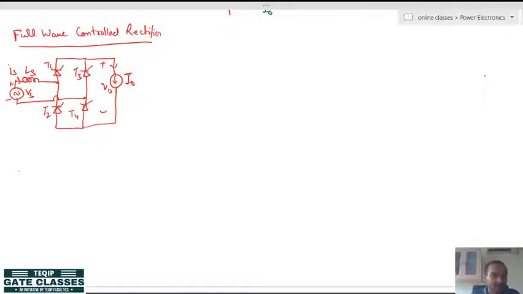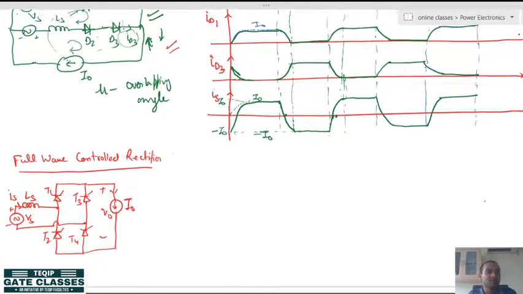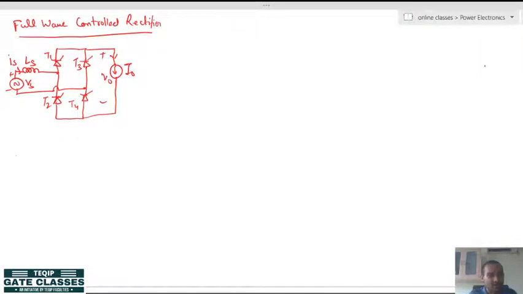So, again we know that the circuit will be like this only. Let me draw here only the circuit and we will continue with the waveforms.